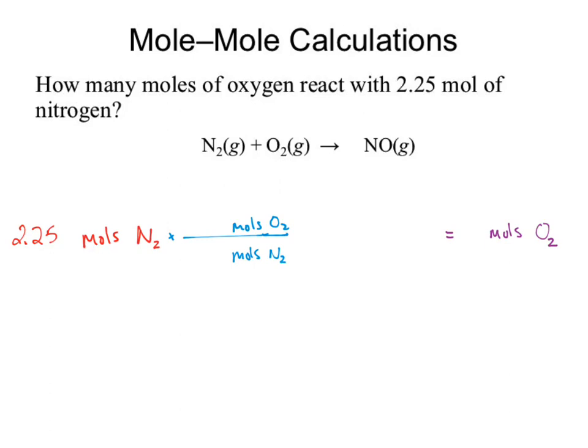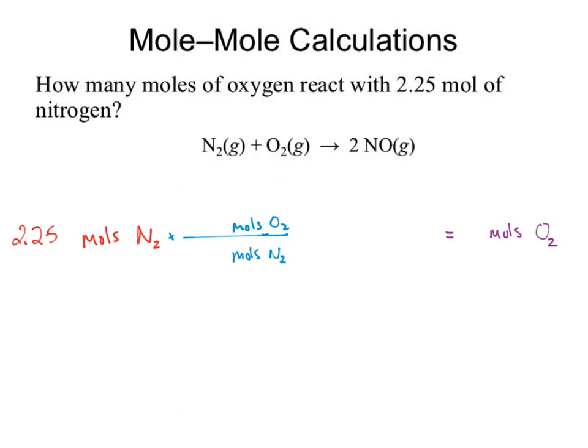Sometimes maybe you can get away with it, though it could be risky. How else would you know it's balanced? You were told it's balanced. That can be dangerous because we could have easily made a mistake and it ended up not being balanced. But if you're told it's balanced, you can kind of run with that assumption, particularly if you're short on time. Is this one balanced? Yes. Okay, so now I can use the coefficients.